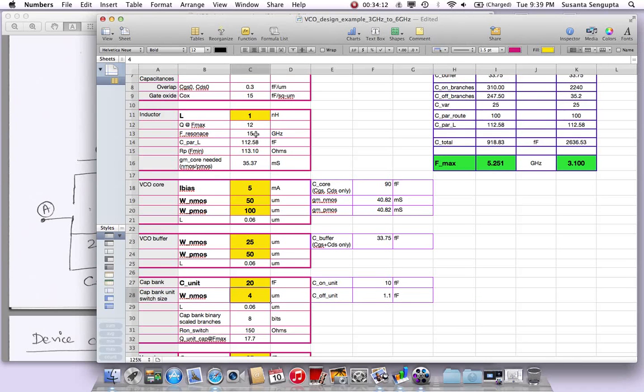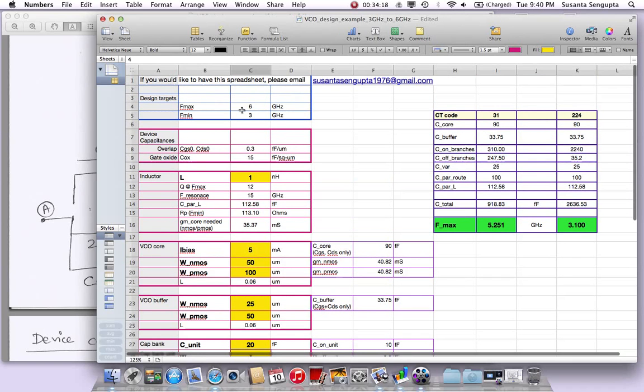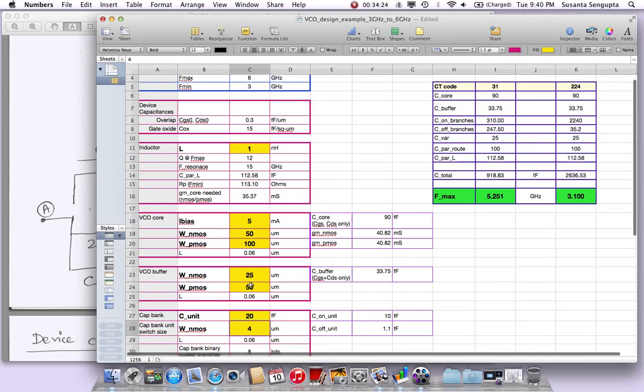I think it gets about 5.3. So even though I started with a target of 6, I didn't get it, based on these calculations. There is more tweaking you have to do, which will be based on the VCO buffers. You might have to make them smaller to reduce some of the parasitic cap.